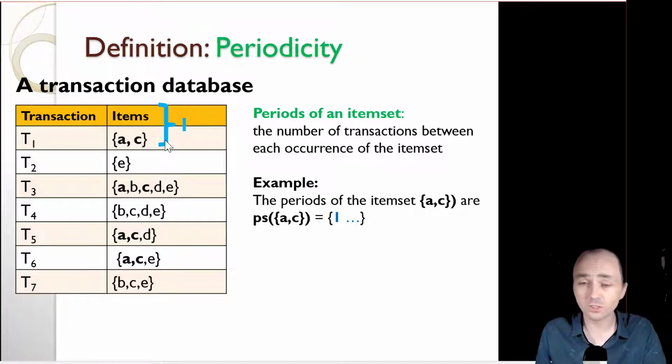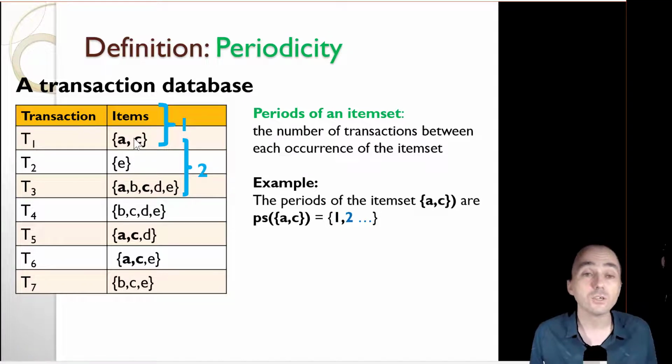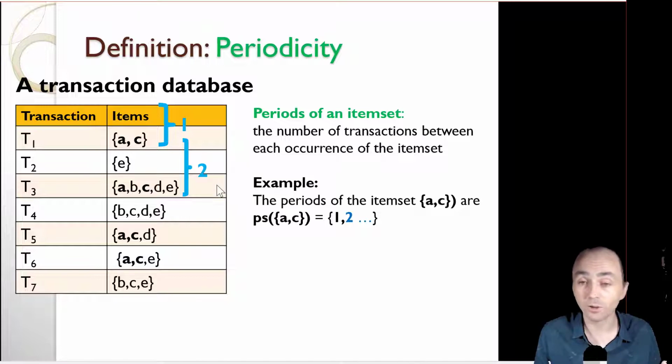Now we need to continue. Let's look at AC. It appears again in T3. So 2 transactions later, after T1, we have AC again. So we say the second period will be 2 for AC. Now we need to continue again.